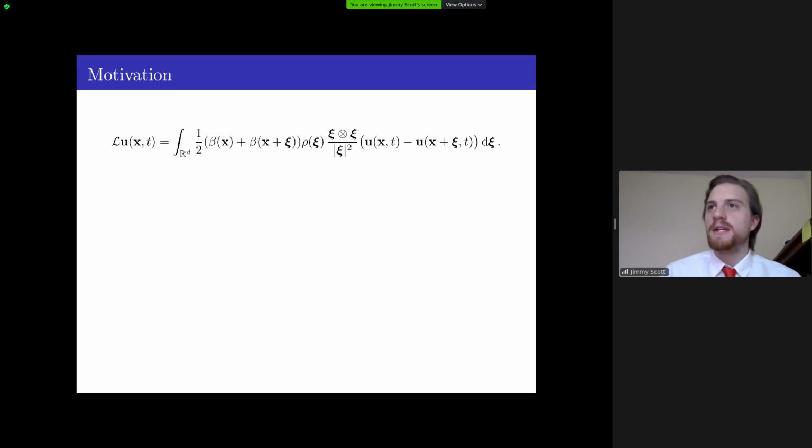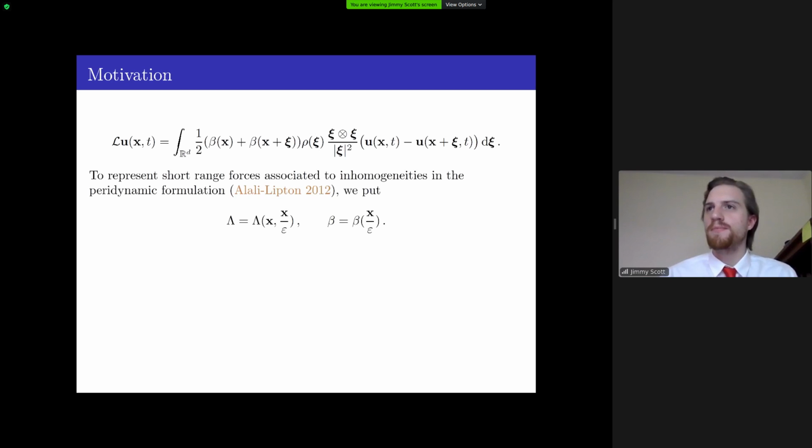What we were able to prove is really based on equations posed globally, on all of R^d, so everything is globally defined. However, you can take the kernel rho here, or the influence function, to be something with finite horizon, so you can take that to be compactly supported.